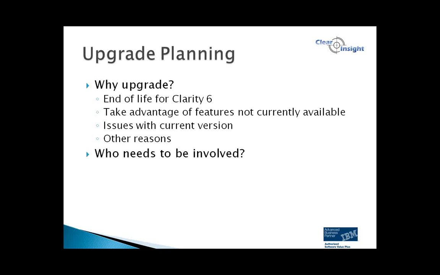Next question, who needs to be involved? Of course, you need the honchos at the top, senior management. You really require their buy-in to ensure that this is the strategic direction you want for your company. Very important group, the IT department. You need to work with them to ensure that the platform that you're going to and the version that you're going to is in line with the IT direction, as well as understanding the timing and resources available from the IT team.